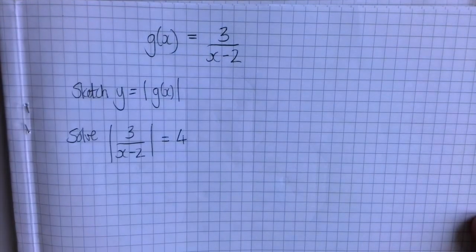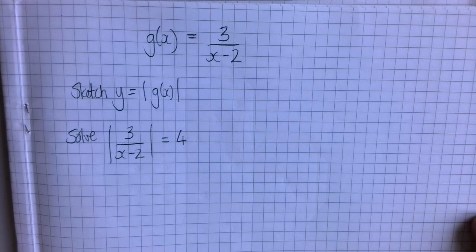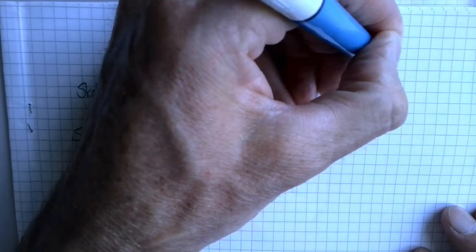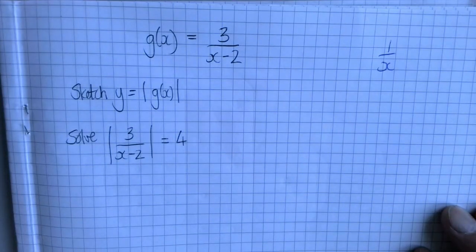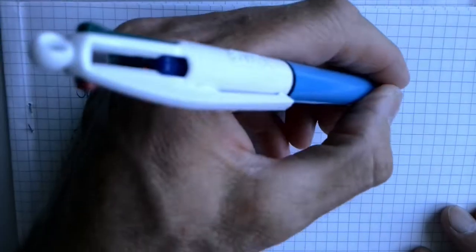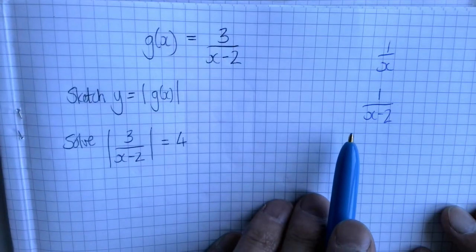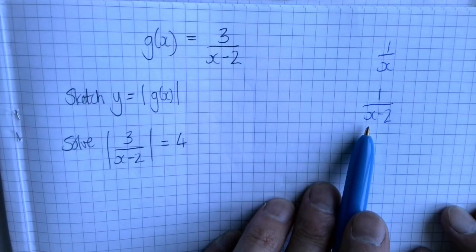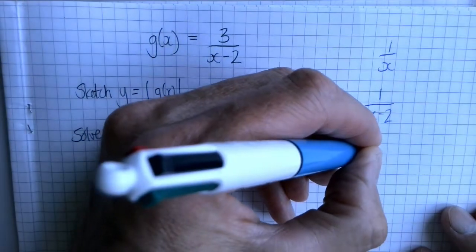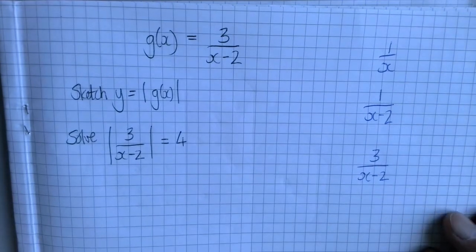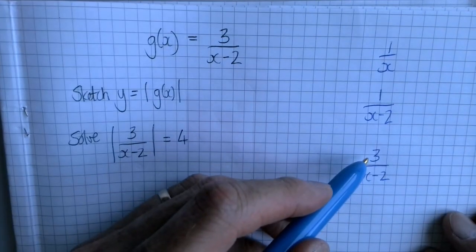For this function, I'm going to suggest that the way to do it would be to think about what 1 over x looks like. Then think about what 1 over x minus 2 looks like, so that's where I've replaced the x with x minus 2. And then think about what 3 over x minus 2 looks like, which is multiplying the whole function by 3.